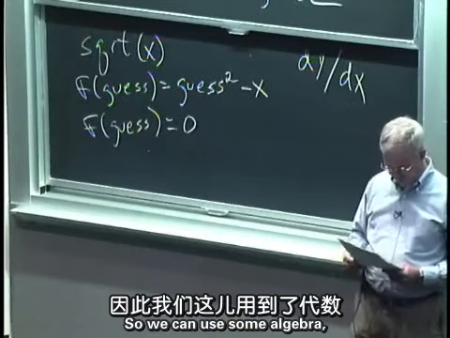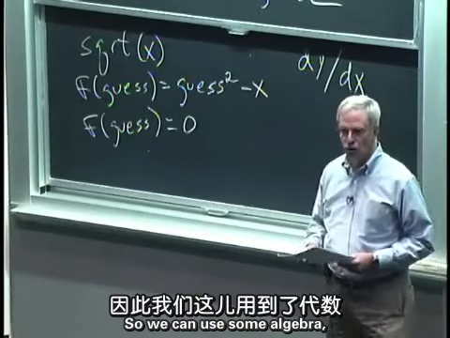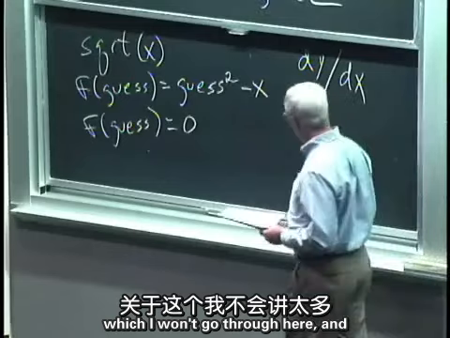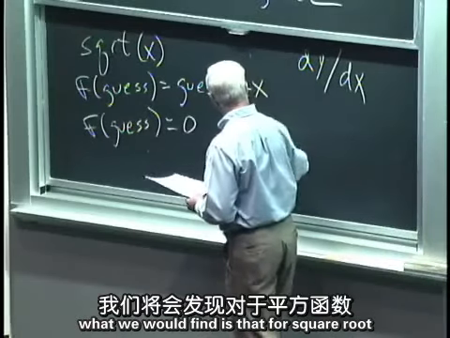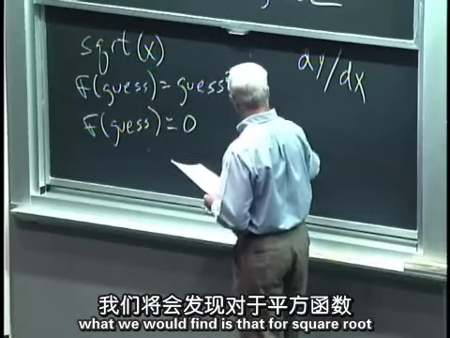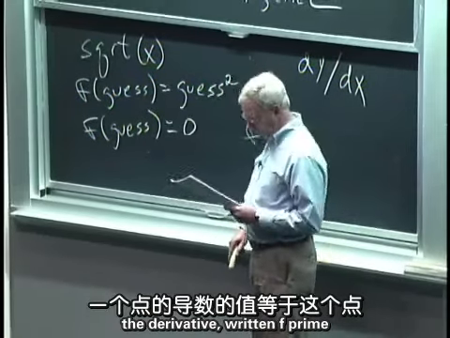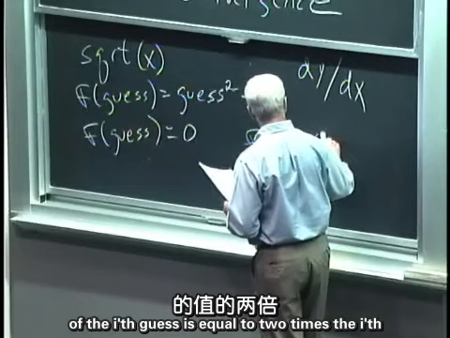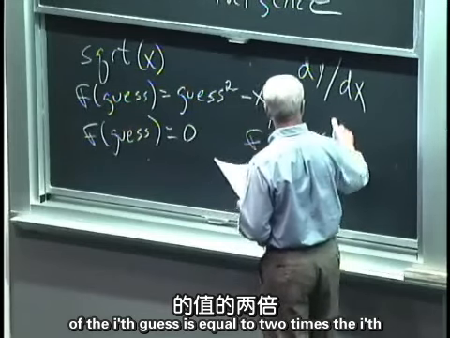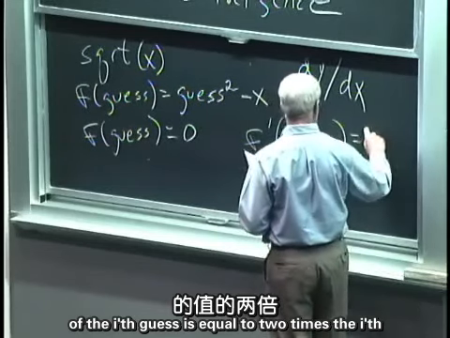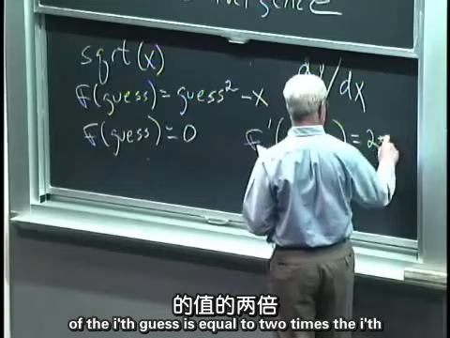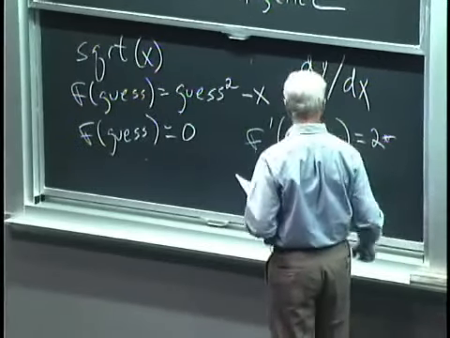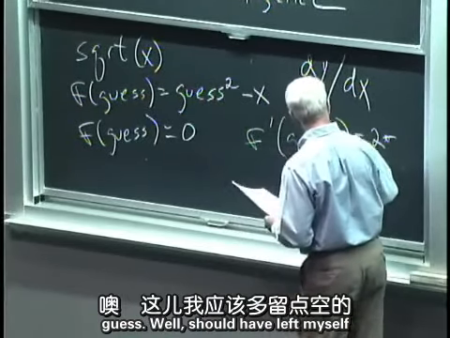So we can use some algebra, which I won't go through here. And what we would find is that for square root, the derivative, written f prime, of the ith guess is equal to 2 times the ith guess. Well, should have left myself a little more room. Sorry about that.